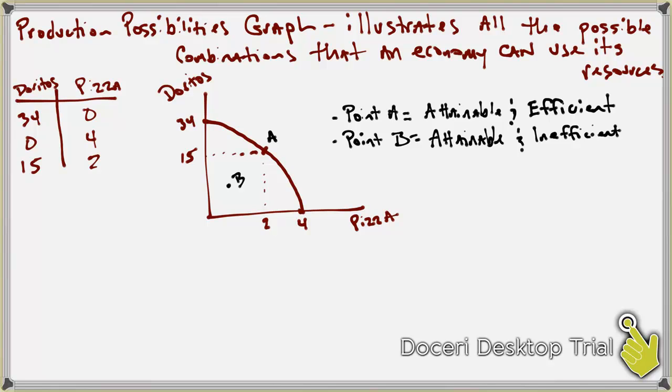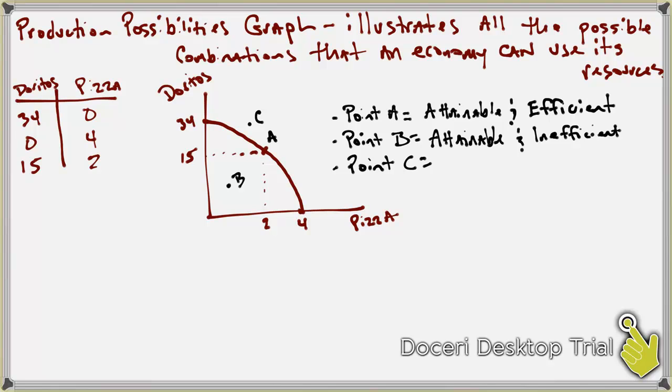Okay? Next up is point C. Let's put point C somewhere outside our curve. And we'll say point C, now is point C attainable? It's not currently attainable with the resources that we have available, right? Something would have to change for us to be able to produce that many Doritos and pizzas at the same time, in the same workday.